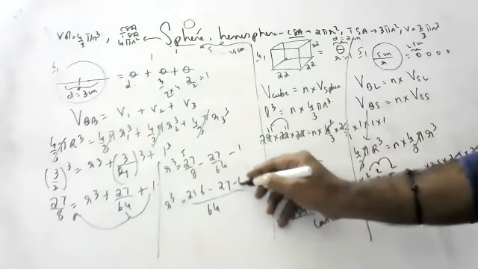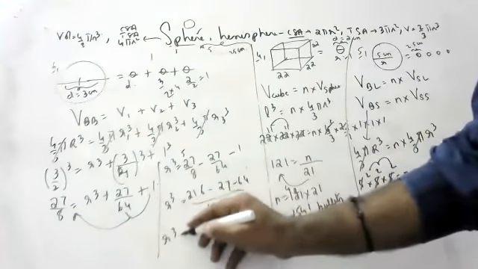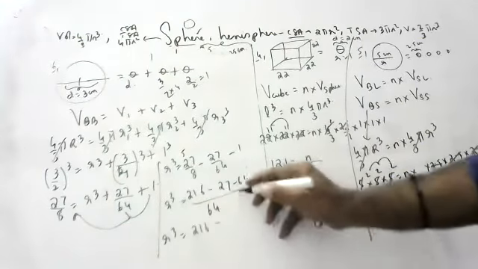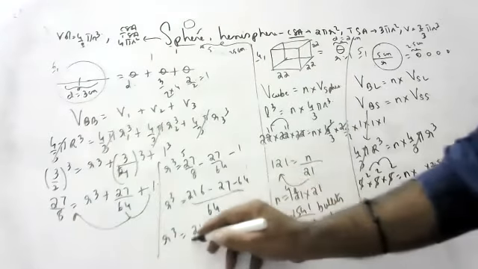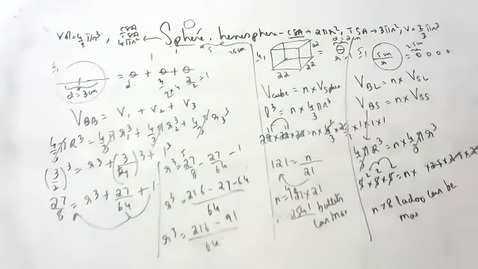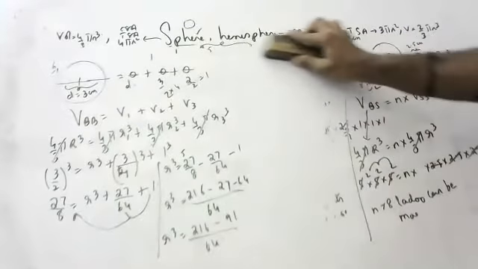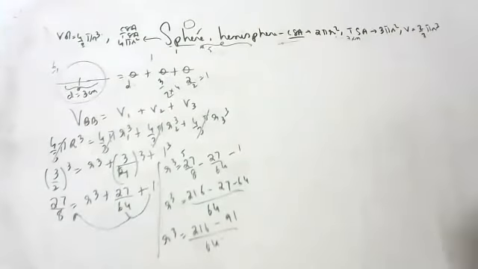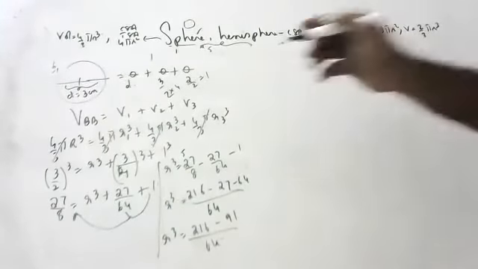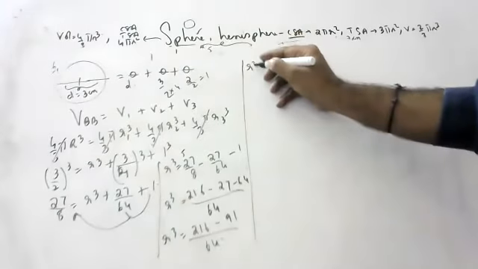Okay, 27 minus 64. 216 minus how much? 91, so 91 by 64. How much is that? 216 minus 91 is 125 by 64. Thank you. R cube is equal to 125 by 64.